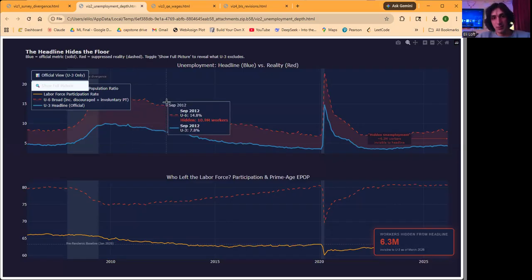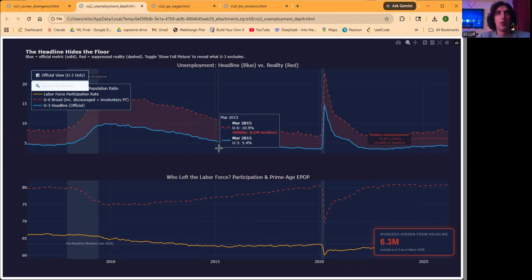This is U6. As you can see, you're getting a much greater unemployment rate, right? And let me click back on this. You have a counter down here at the bottom that shows the 6.3 million workers hidden from the headlines, right?